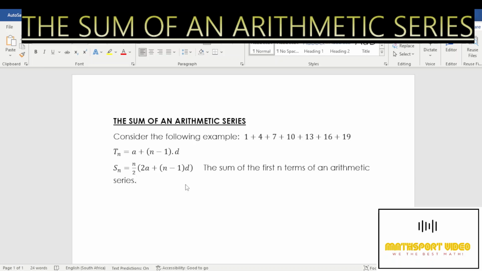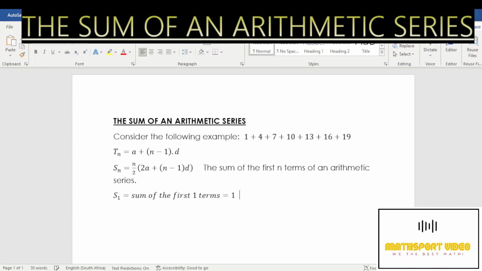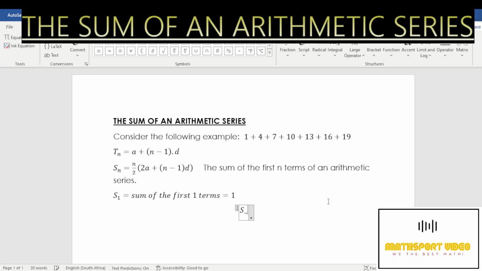All right, now how does this work? For example, if I ask you what is S1, S1 is going to be the sum of the first 1 term, which is literally just the first term, 1. If I ask you what is S2, that is going to equal the sum of the first 2 terms, so that is going to be 1 plus 4, which equals 5.